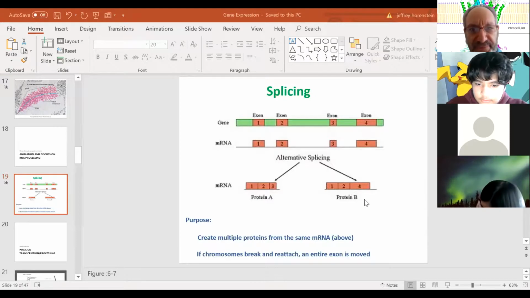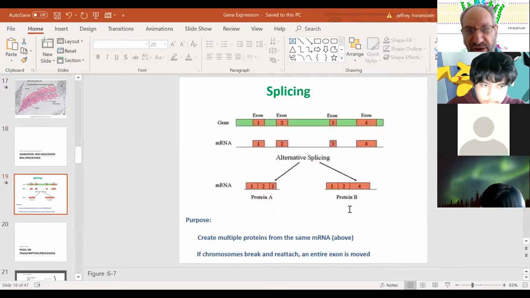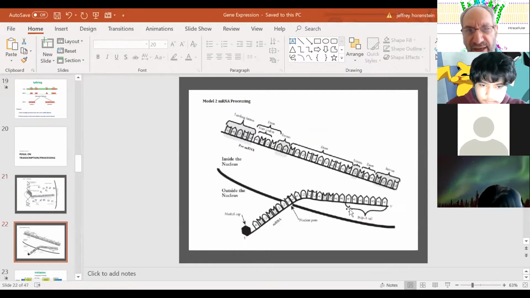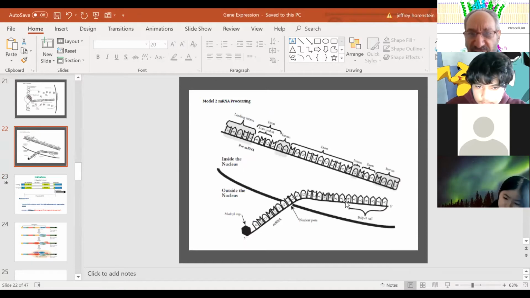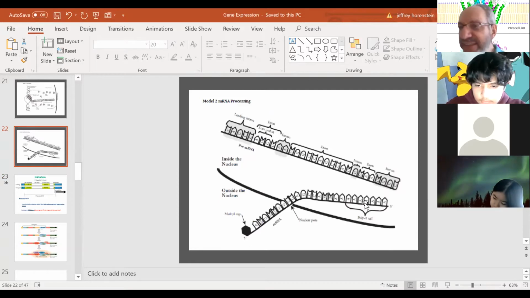Okay, let me bring that up. We don't have a picture of it here. I'm trying to think. Oh, so we're going to do this tomorrow, but you can look at it. Here is the RNA. Here is its poly A tail. Here is its 5' cap, and this is the RNA itself. And then this is the tail. A poly A tail does not splice.